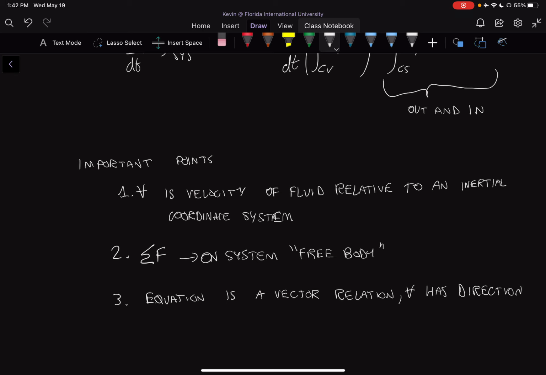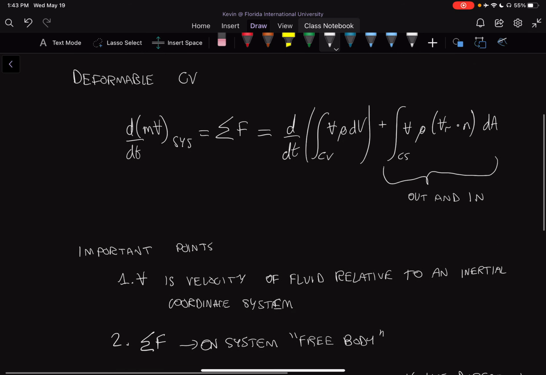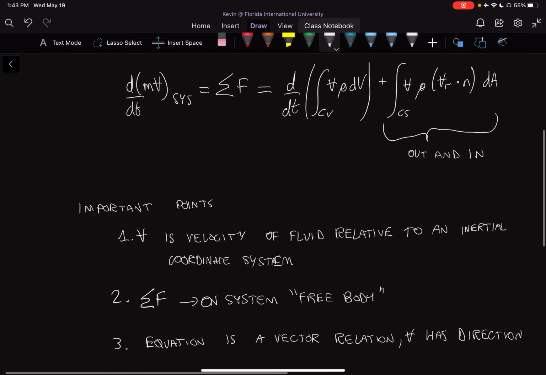Velocity has direction, and the direction of velocity is very important. So we have to try and simplify this problem a little bit to make sure that we understand what's happening. Doing the sum of the forces in all directions is usually very complicated. If we look at our equation, the sum of the forces in all directions is equal to this complete equation.